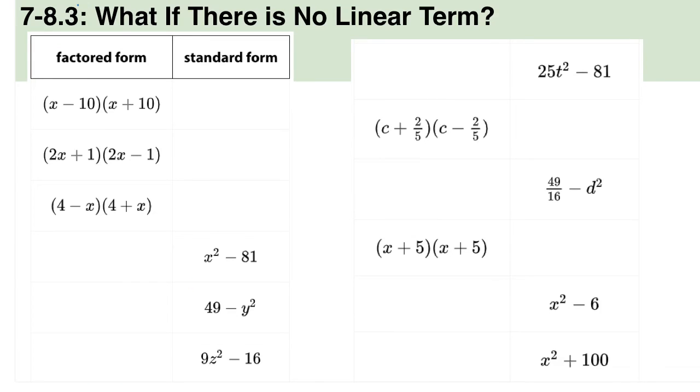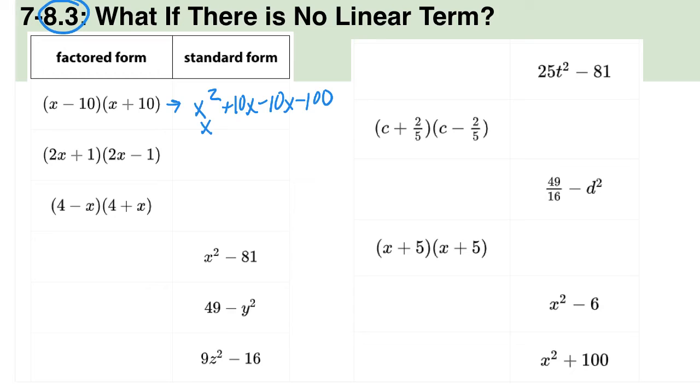Okay, now we are on to lesson 8, activity 3. So we've skipped ahead quite a bit. What if there's no linear term? Remember, that's like your middle term with x in your quadratic. So we're starting out with a table again. And if I multiply this first one all the way out, I would get x squared plus 10x minus 100.